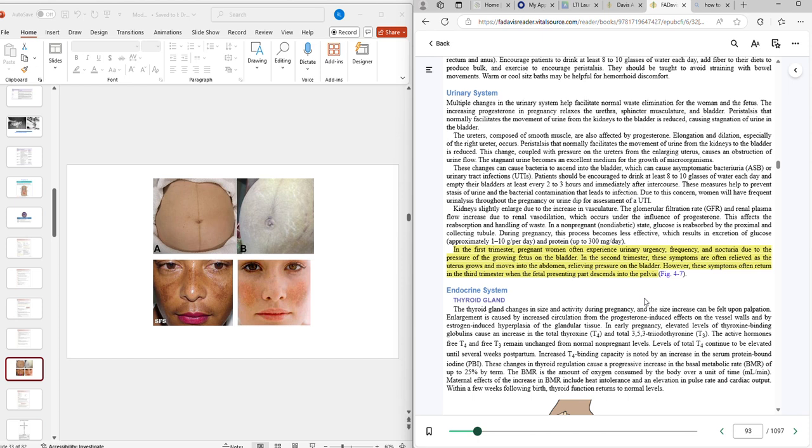Second trimester, it gets better, often relieved as the uterus grows and moves into the abdomen. And then they get that pressure relief off the bladder, and then, of course, it returns during your third trimester where your baby starts growing, the fetus starts growing, and you don't have any room. Okay, so winking lollipop there.